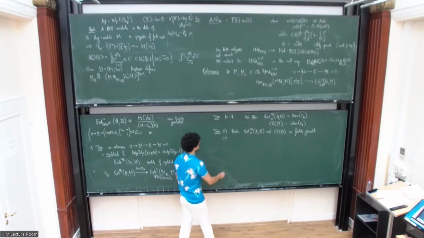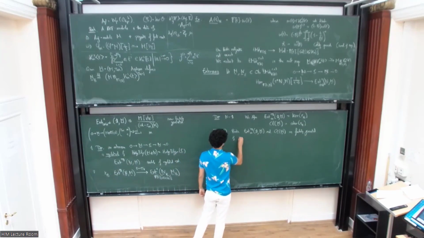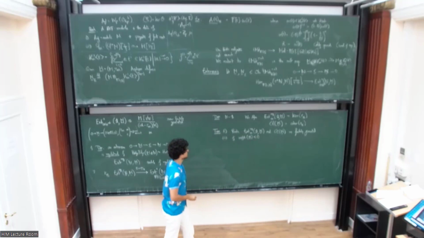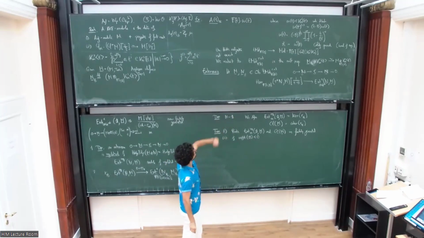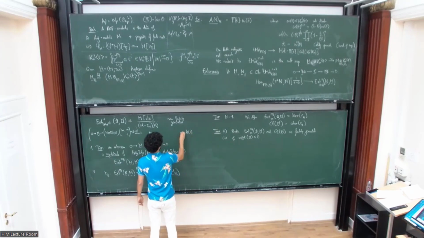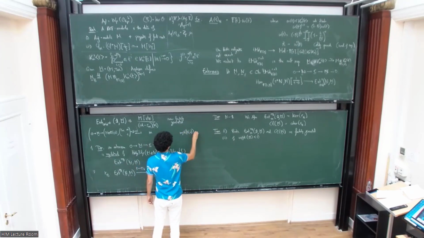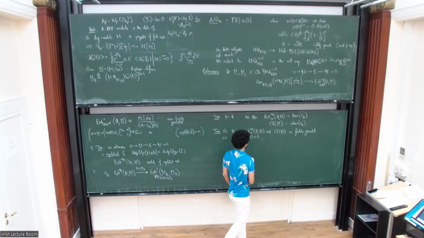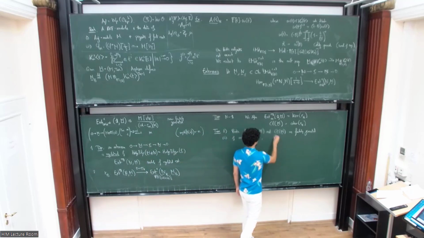And secondly, if the weights are negative, which is the case for Tate twists, let's say the weight of this thing is minus n. If the weights are negative, then in fact this is the portion.